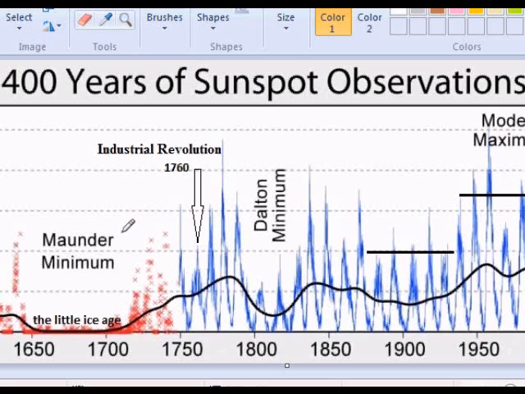But I've said this before. The Little Ice Age occurred before the Industrial Revolution, and as you can see, from 1700s to 1770, 1760, which is when the Industrial Revolution started, it had already started to pick up in temperature. So it can't be the Industrial Revolution, or since the Industrial Revolution, that we've been pumping the amounts of CO2 into the atmosphere that has caused global warming.